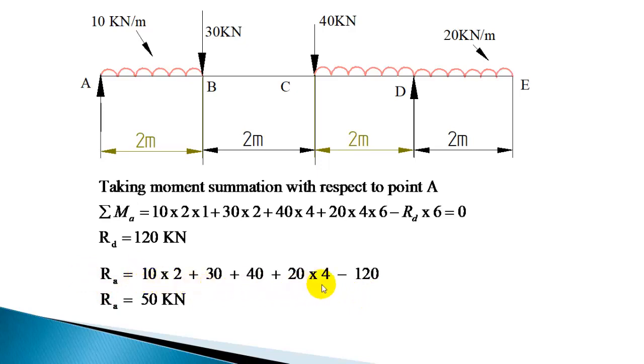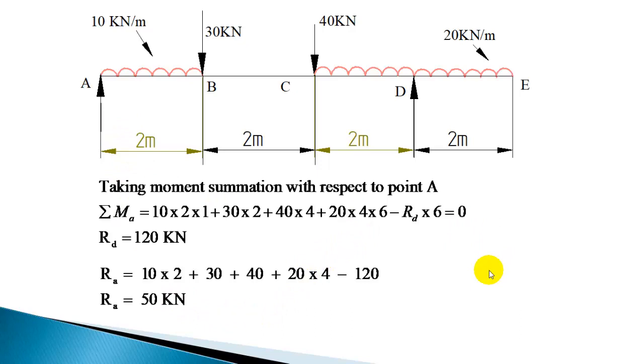And don't get confused taking this as a positive. I am just only summing up the magnitudes. Okay. So total downward load I am calculating, the magnitude of total downward load I am calculating, and then subtracting the reaction at D to get the reaction at A. Or you can sum up as RA minus 20 minus 30 minus 40 minus 80 plus RD is equal to 0, and then find out RA.